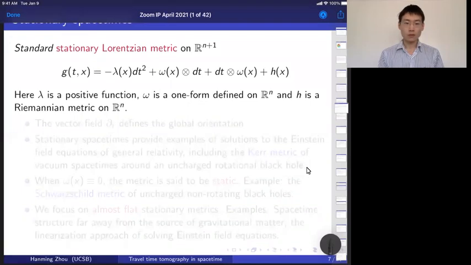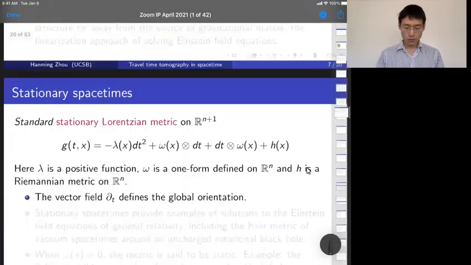You have the pure time part, the pure spatial part, and the mixed part. Here lambda is a positive function, and omega is a one form defined on this Rn, one dimension lower than the whole space. And h is some Riemannian metric on this Rn.